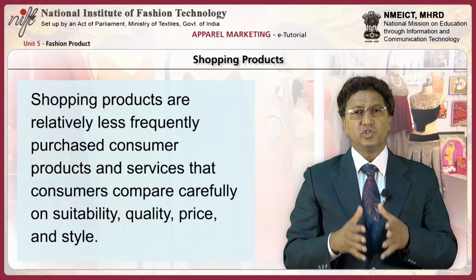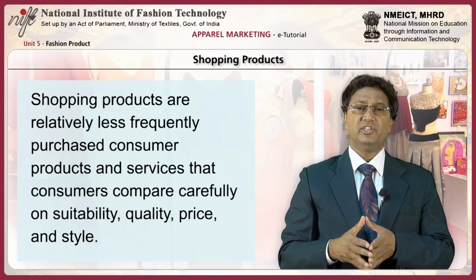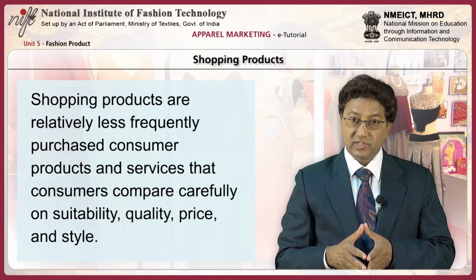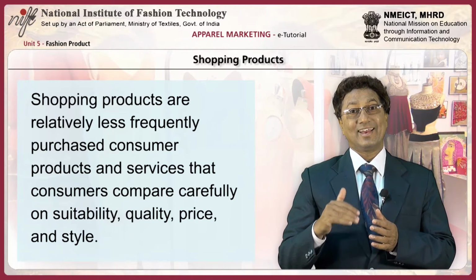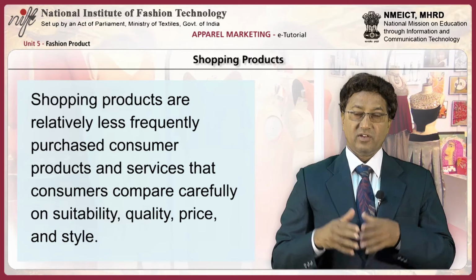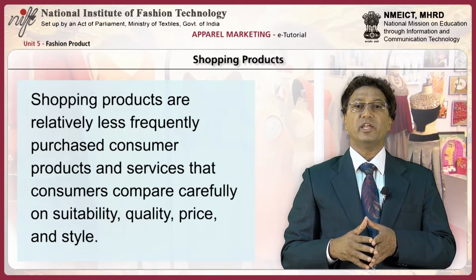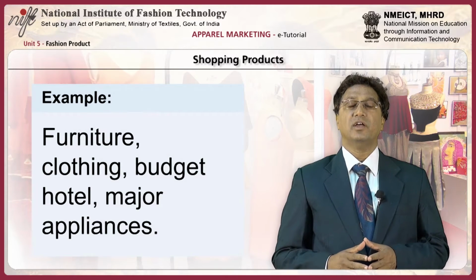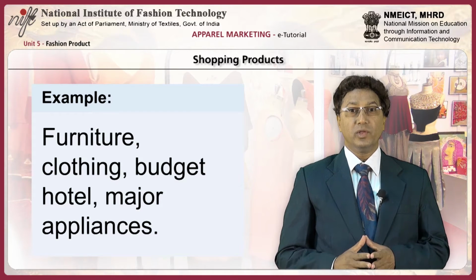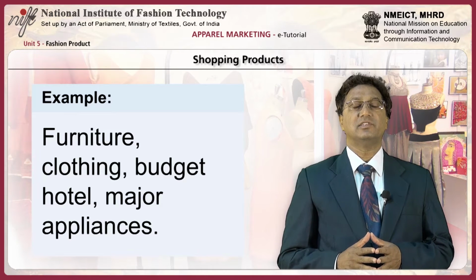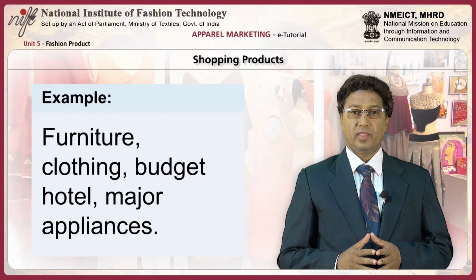The consumers usually lack sufficient information about product alternatives and their characteristics, and therefore must acquire further knowledge in order to make a purchase decision. Examples include furniture, clothing, budget hotels, major appliances, etc.